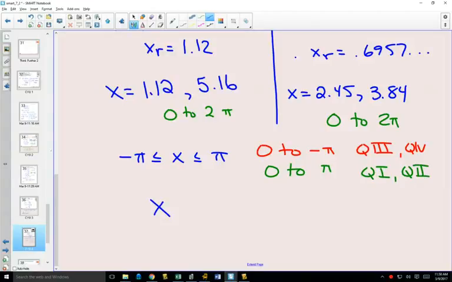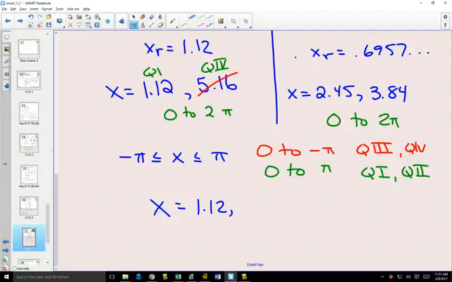Where's 1.12? Let's just label our quadrants above here. 1.12 was in quadrant 1. So that one is going to be fine because we're looking for positive angles. So quadrant 1 will keep 1.12. Where is 5.16? That was our answer in quadrant 4, right? So this one isn't the right answer.